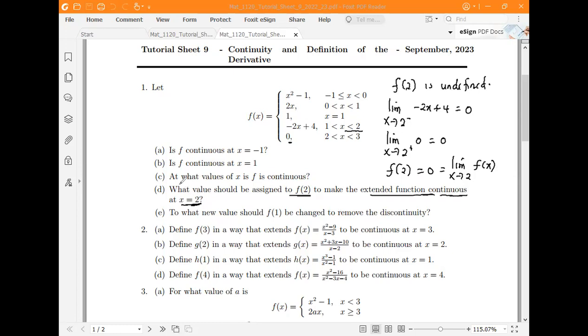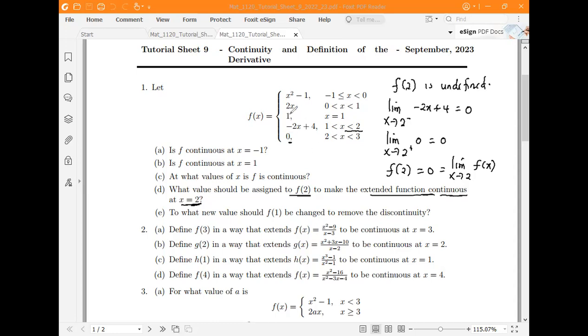Okay, so at what values of x is f continuous? So f is continuous from -1 to 1. It's also continuous from 1 to 2, in between there, and also from 2 to 3, in those open intervals, and not on the other boundaries, since we have checked.